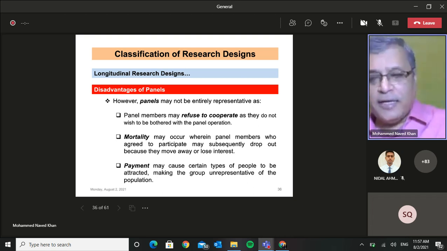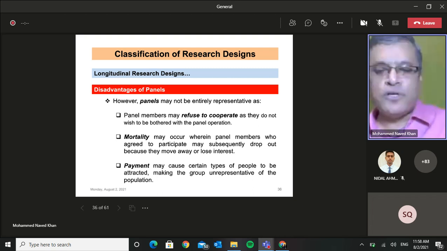There may also be issues of mortality. We are not referring to it, God forbid, as the death of the individual who is part of my panel. Suppose a doctor belongs to my panel, which is from Delhi. This doctor may shift residence, moving from Delhi to Mumbai. I will refer to this as mortality.